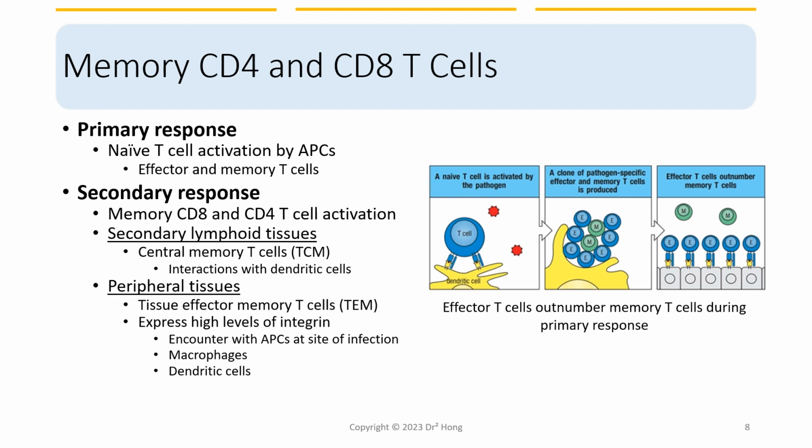On the other hand, TEM cells are tissue-resident memory T cells that have migrated to the peripheral tissues during an initial infection or vaccination. They express a low level of integrin, which allow them to quickly migrate to site of infections or inflammation and be activated by antigen-presenting cells at the site.